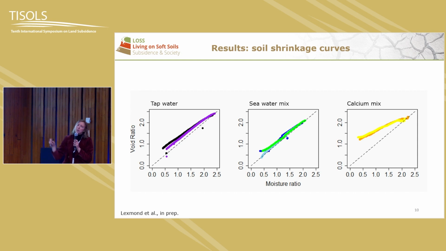And only the seawater mix actually shows proportional shrinkage, so the amount of water that you lose is also the amount of volume that you lose. And so we see most shrinkage in those samples saturated with seawater mix. But the most interesting one on the left with the calcium, we wouldn't really say it is proportional shrinkage, because it's so limited.